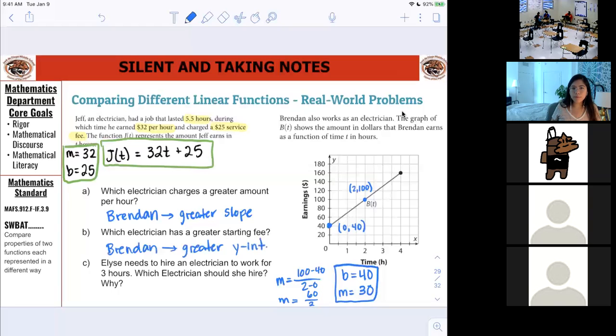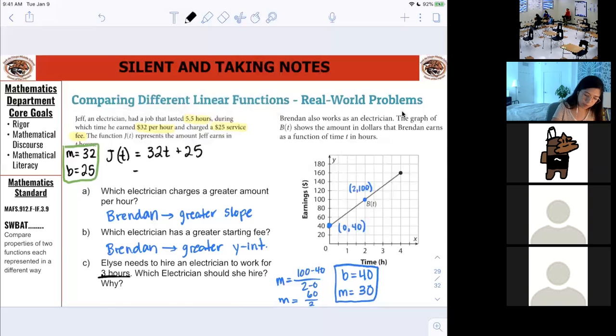Brendan has a greater starting fee and a greater slope. Right. So in every part of this so far, Brendan seems to be more expensive. In this case, it's kind of obvious, but let's actually use some math to find out, and we'll be almost done, guys. So for Jeff, we need to see how much he's going to cost for 3 hours.